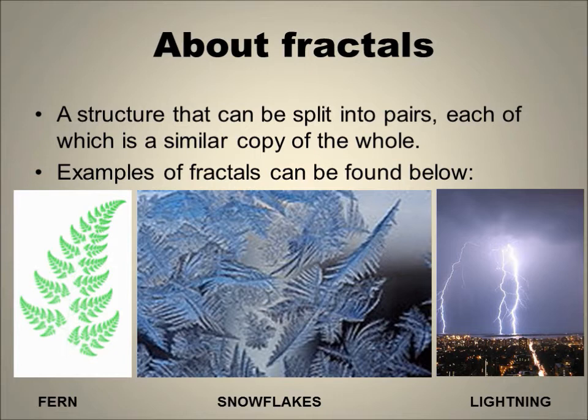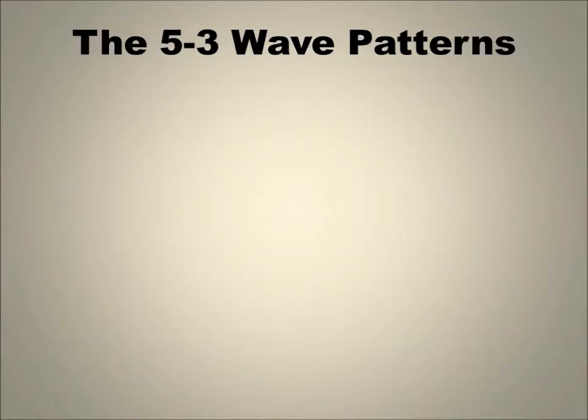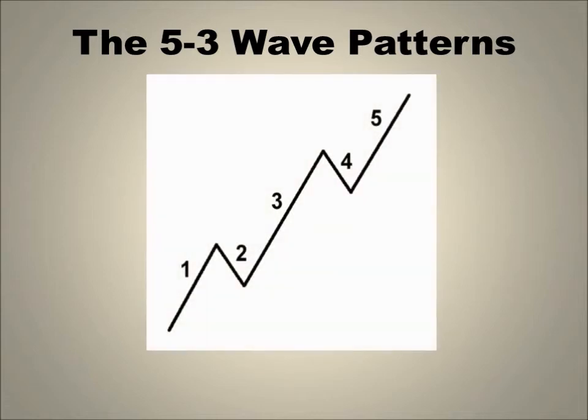And the waves on a chart are no different. So let's take a look at a typical wave in a bull market. We have 5 waves. Wave number 1 shoots the market upward, and then wave number 2 retraces. Wave number 3 shoots the market up even more.